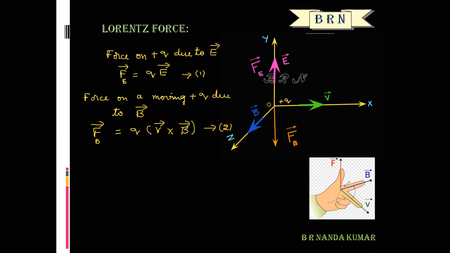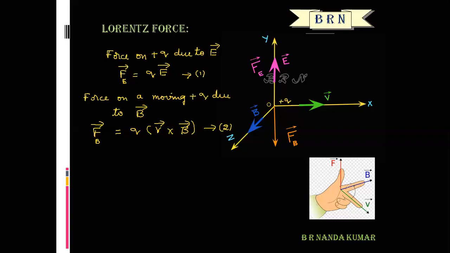The angle between F vector and B vector is 90 degrees, and V vector and B vector is also 90 degrees.